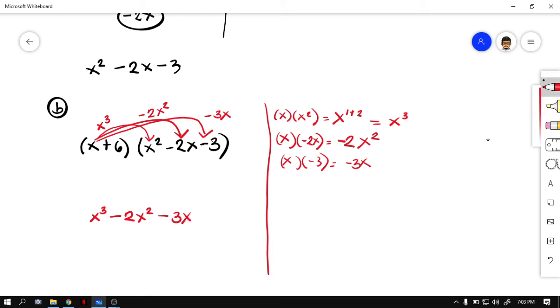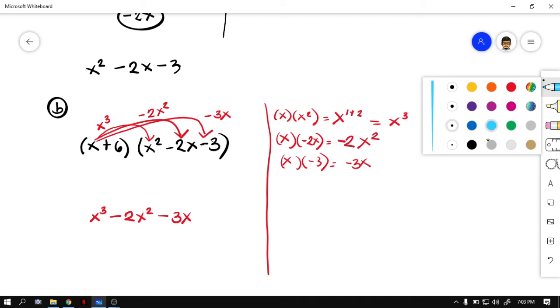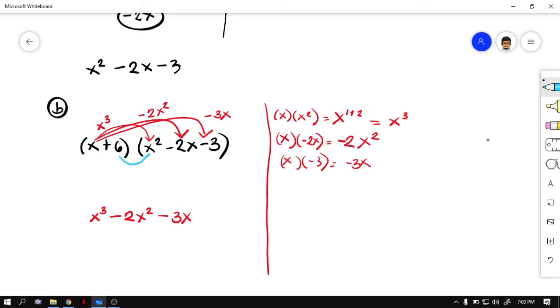Okay. Next. 6 naman. I-distribute naman natin yung 6. 6 times x squared. Okay? So, we have 6 times x squared. This is a constant and x squared is a variable. Hindi sila magkamag-anak. So, copy 6x squared. Next, 6 and negative 2x.